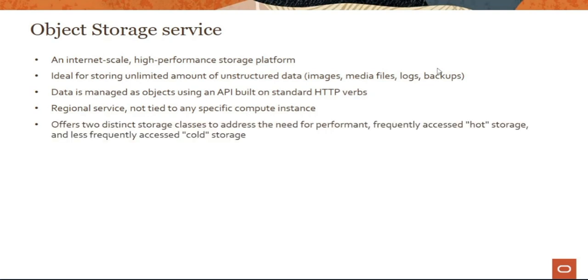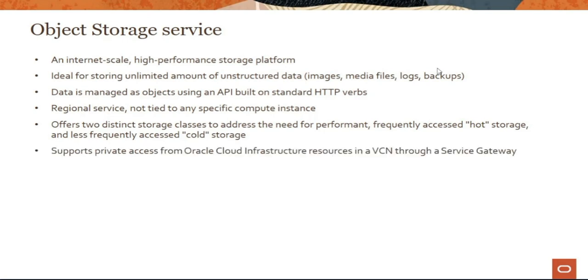There are two distinct storage classes to address the need for performant frequently accessed hot storage, and also less frequently accessed cold storage, which is also called archive storage. So we'll talk about those. And you can have private access from Oracle Cloud Infrastructure resources in a VCN using a concept called Service Gateway, which we looked into when we were discussing the VCN module.